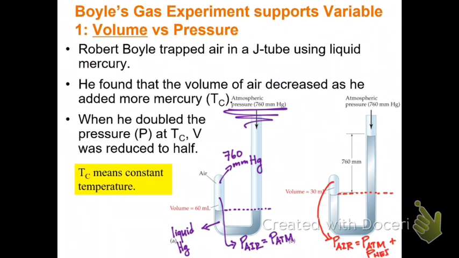So all we have to do is add 760, plus another 760 coming from the atmosphere. And that gives us 1,520 millimeters of mercury.